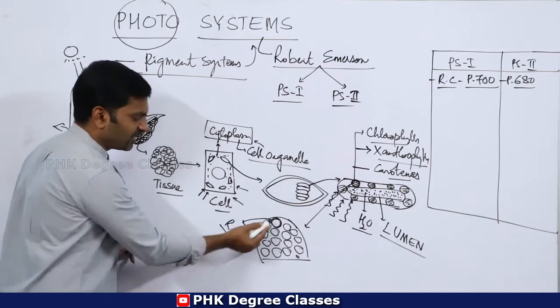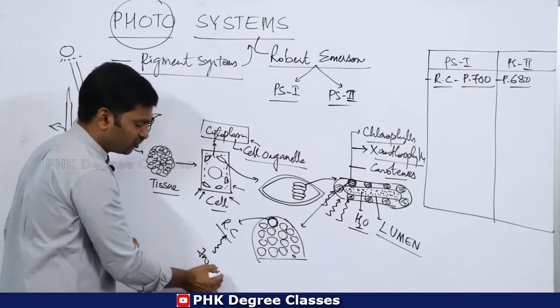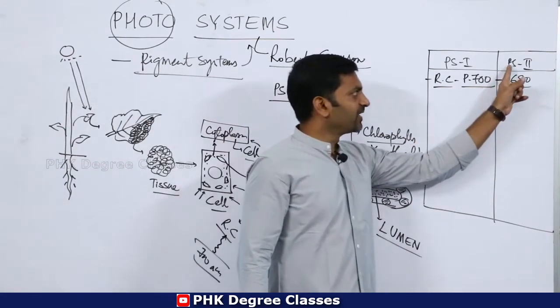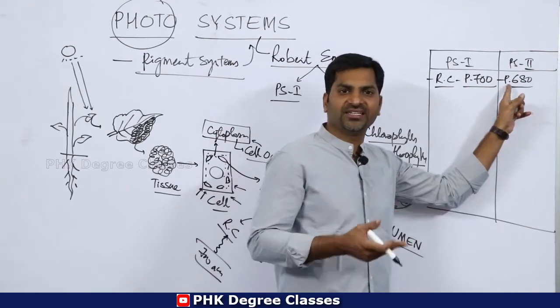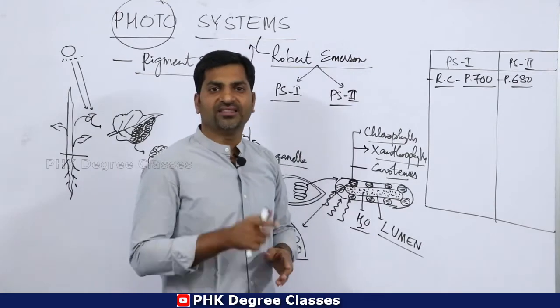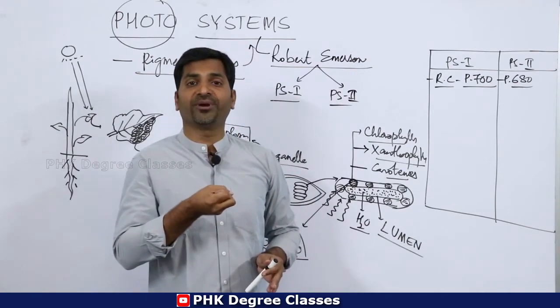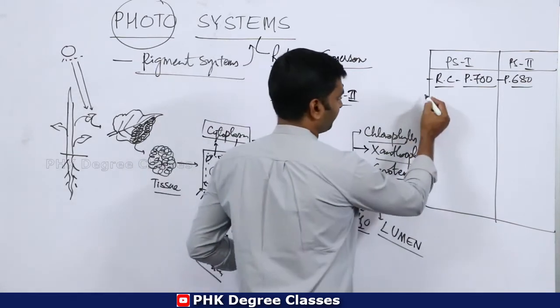It receives 700 nanometers of sunlight. Then come to PS2. In PS2, what is the reaction center? P680. P680 is nothing but the chlorophyll A molecule that receives 680 nanometers of sunlight. Simple. Then come to the next level.